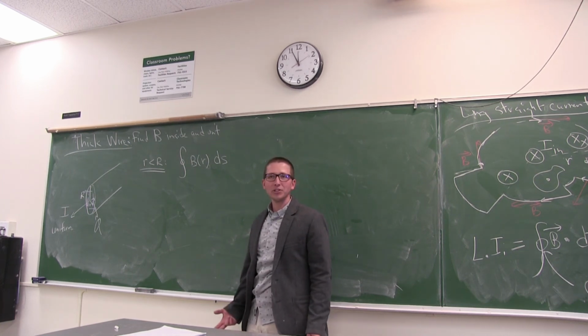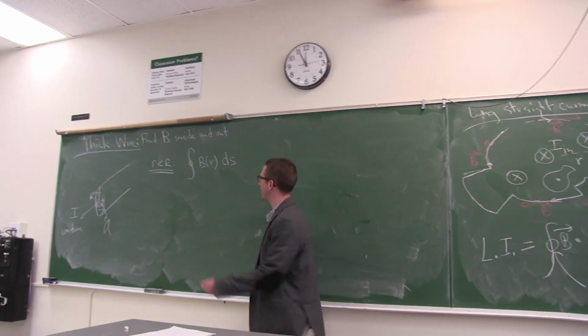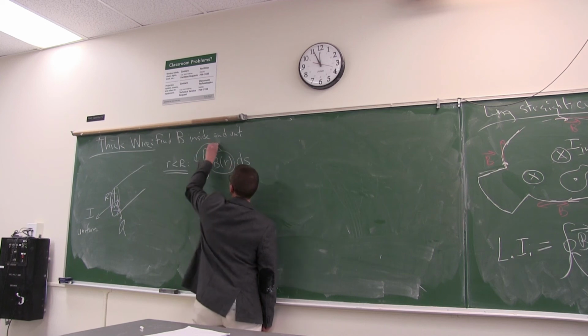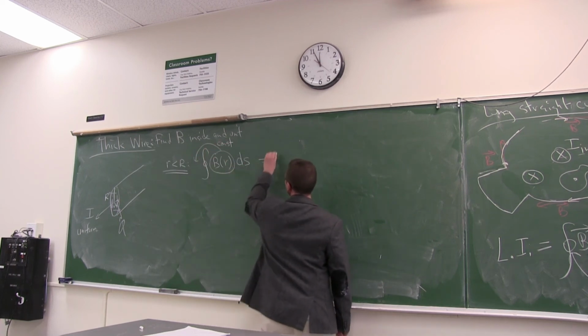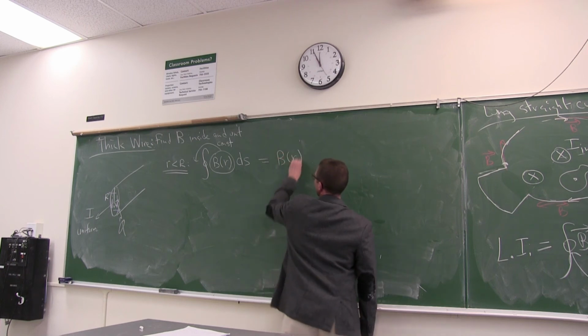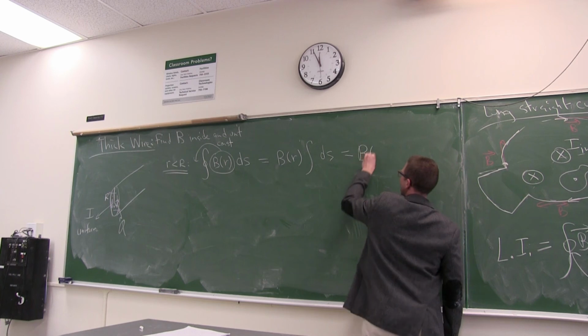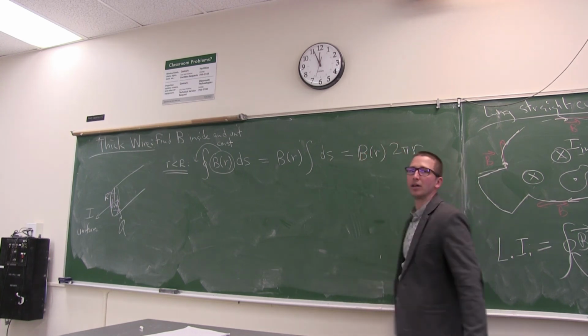Now if my line integral is just a circle, B is actually constant, so it can come outside the integral. And this is just equal to B as a function of r, times the integral of ds. And this is just B of r times 2 pi r.